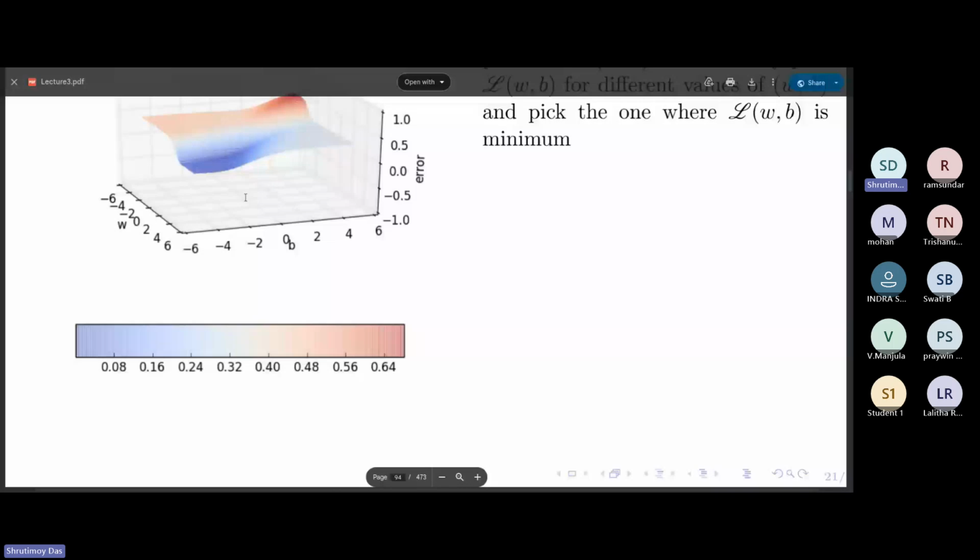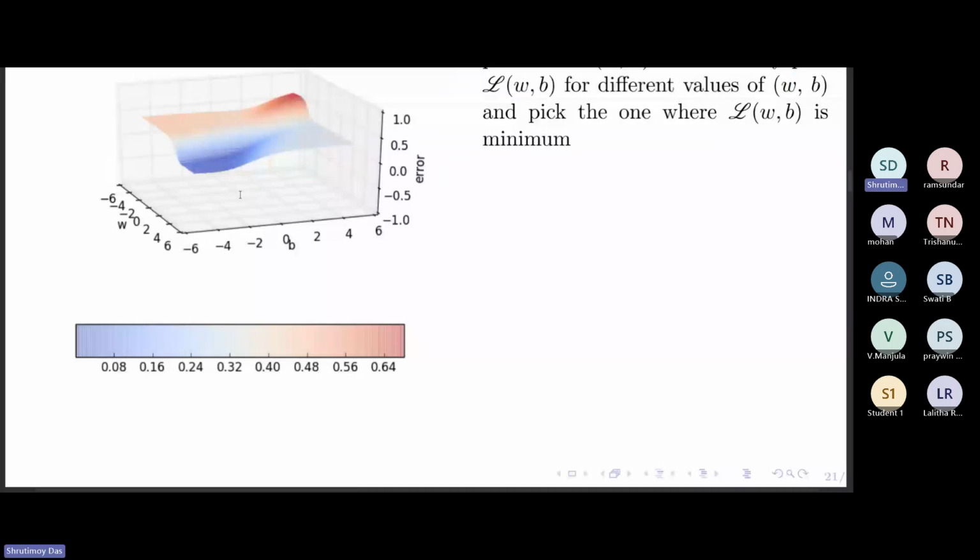So what is the loss that you get? Okay, you got it? This is the error plot, and the first one is the output of the neural network. Yes, got it.